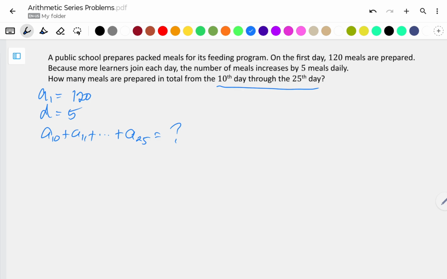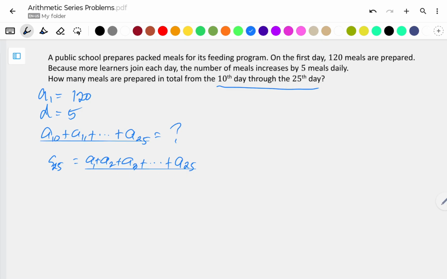Notice that S sub 25 is a sub 1 plus a sub 2 plus a sub 3, a sub 4, a sub 5, a sub 6, up to a sub 25. And what is the difference of the two?